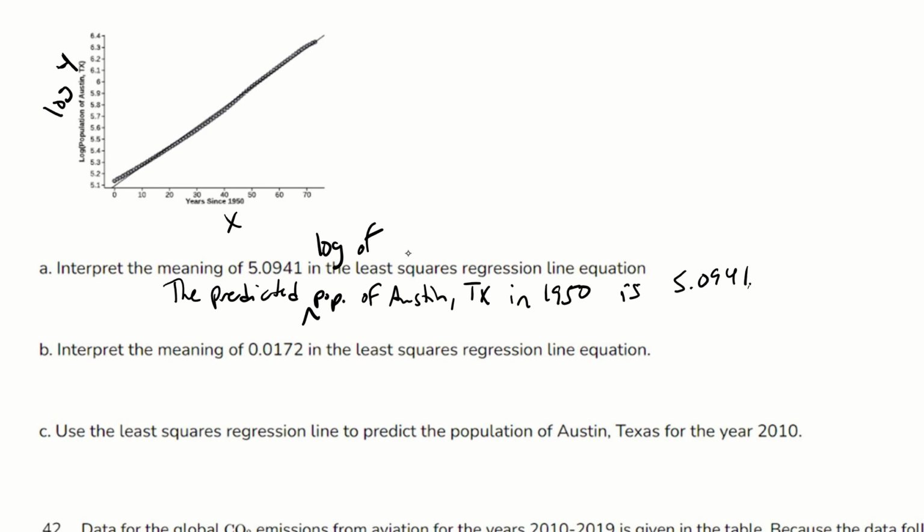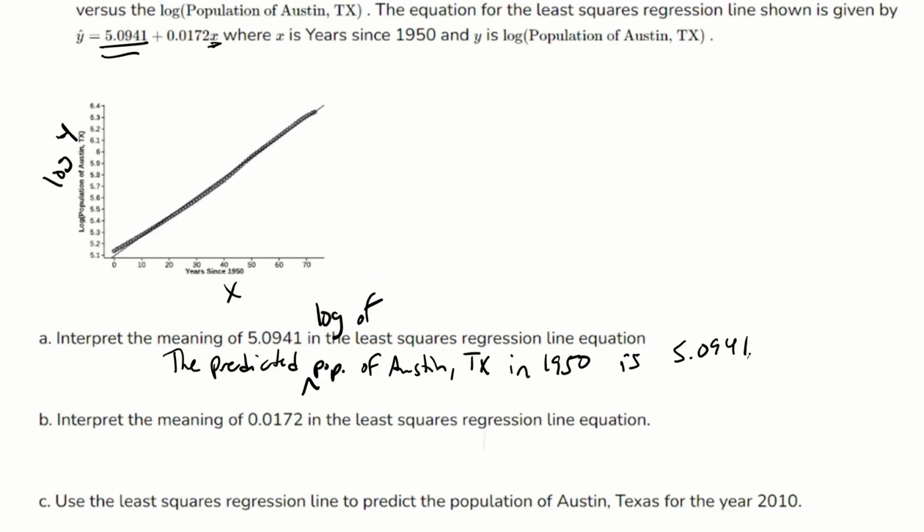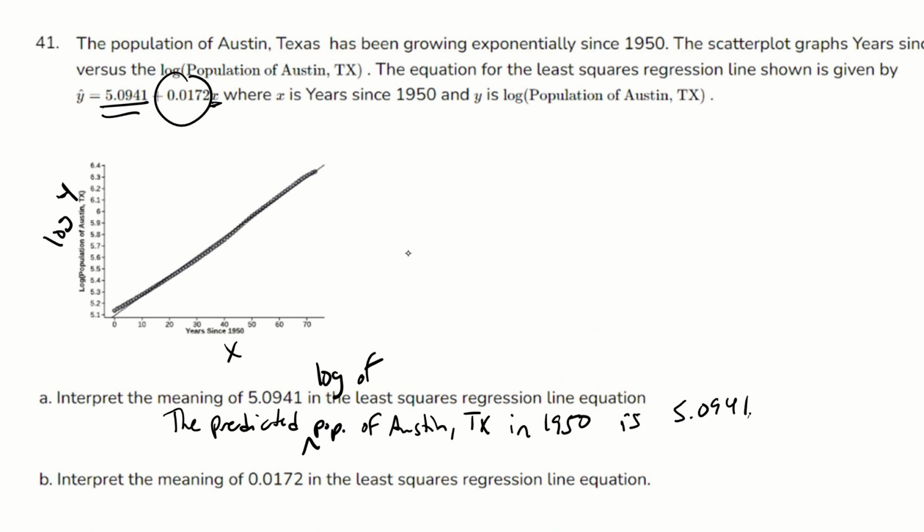Interpret the meaning of 0.0172. Well, that's a slope, right? So it's 0.0172 per year, right? So for every additional year since 1950, the log of the population is going to increase by that much.